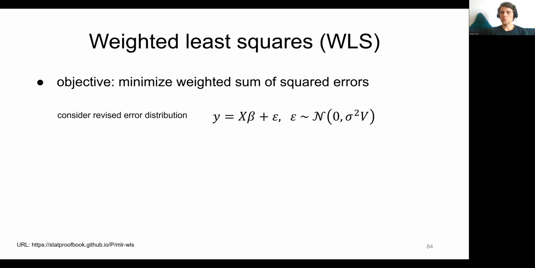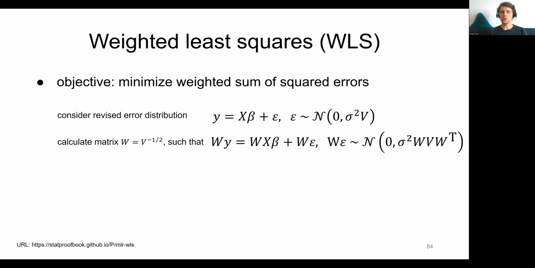Now, the question is, how do we handle this model? We obviously can't apply the ordinary least squares solution because we don't have independent and identically distributed errors. And instead of minimizing the residual sum of squares, we need to minimize the weighted residual sum of squares. How does that work?